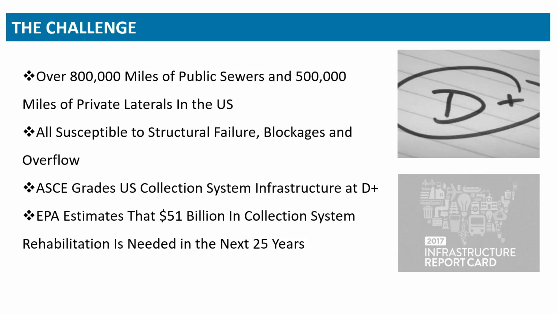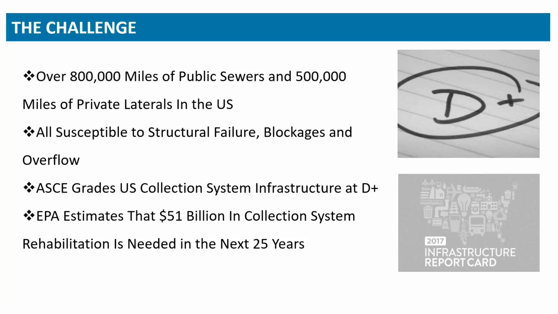In the collection system setting, there's all kinds of risk of structural failure, blockages, and overflow. And we're all familiar with the research that's shown that as types of materials to construct collection systems changed over the decades, so too did their lifespans, and more failure is converging on the here and now, no matter what kind of components we use to build that collection system in the first place.